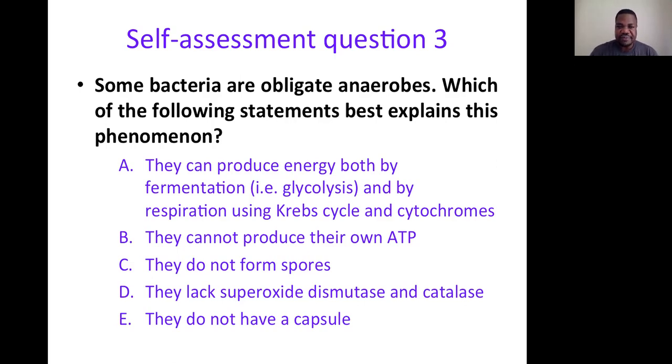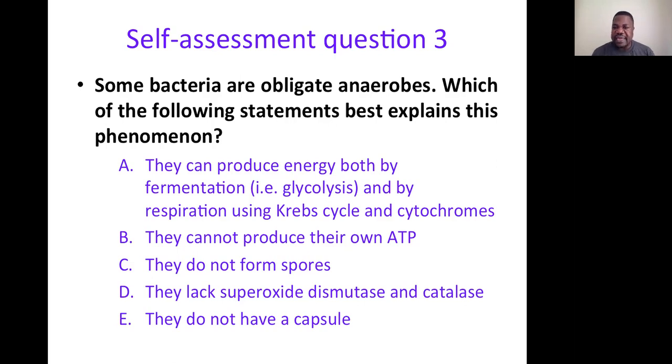First, take 30 seconds to think about this. Obligate anaerobes. We spoke about the physiology of these bacteria. We spoke about strict aerobes, facultative anaerobes, aerotolerant. So which of the following statements best explains this?